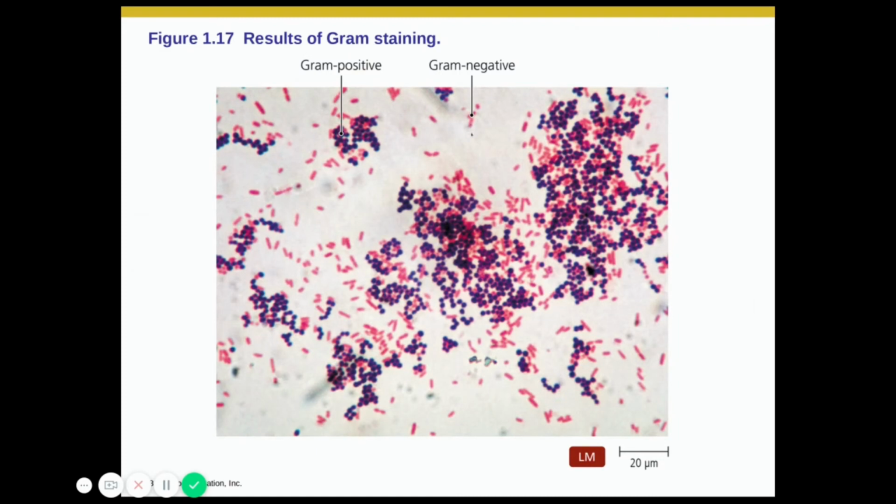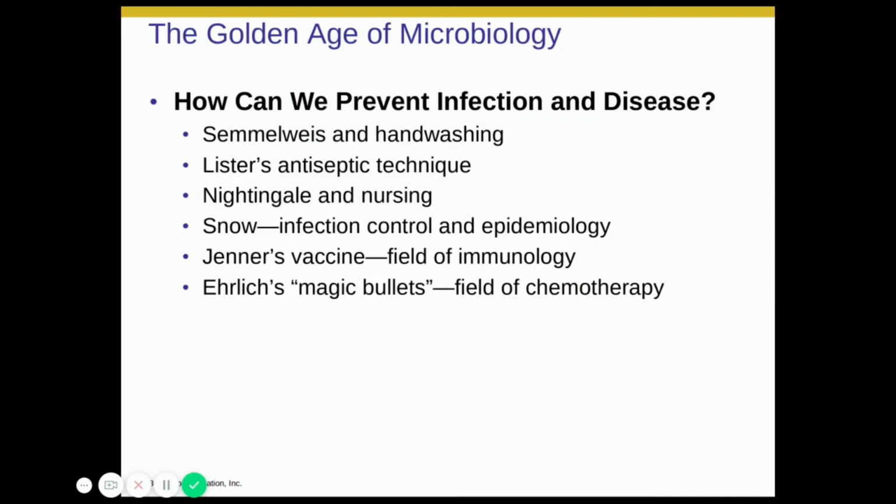The Gram negatives stain pink, and the Gram positives stain purple. Gram positives, purple. Gram negatives, pink. So, positively purple.